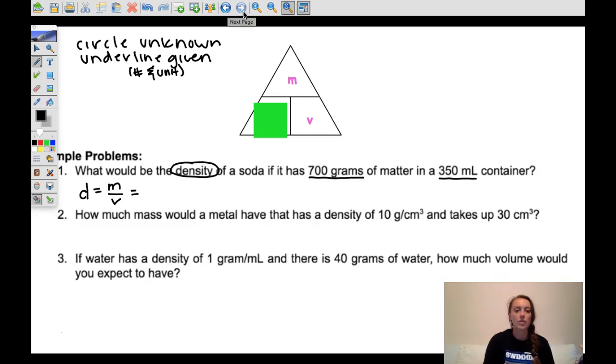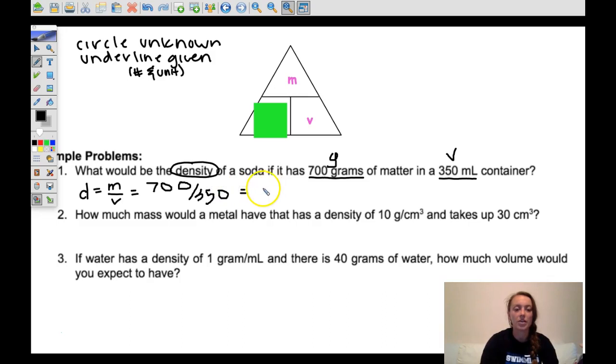So I'm going to have G right here, which means that this is volume. So I'm going to have 700 divided by 350.